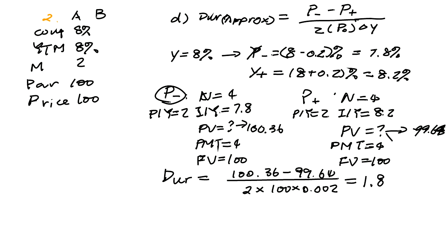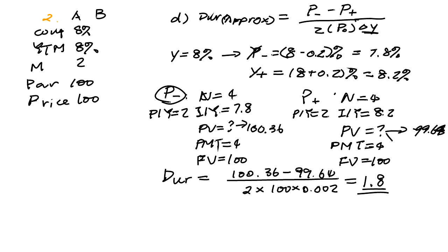So is that the semi-annual duration? Oh, this is actually the annual one, because the prices are the same regardless, and the change in the yield is an annual one. So that will be the final duration of 1.8. That's our approximation of the duration.